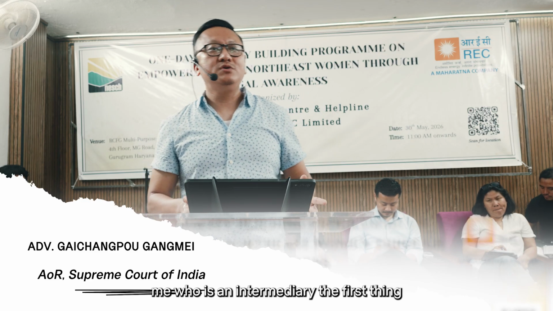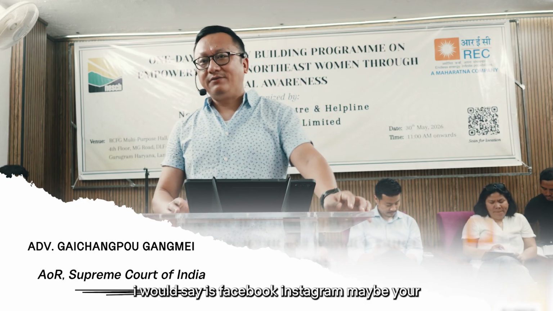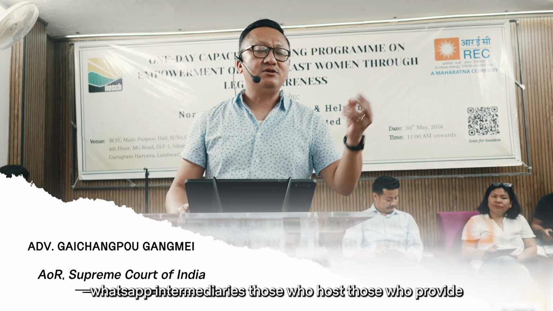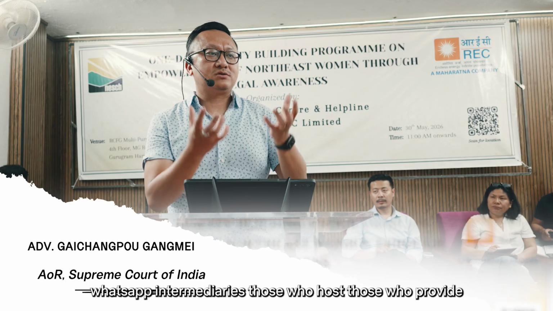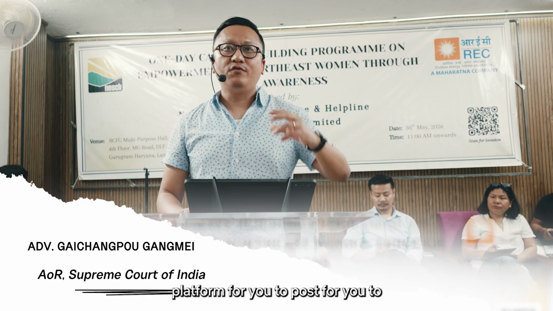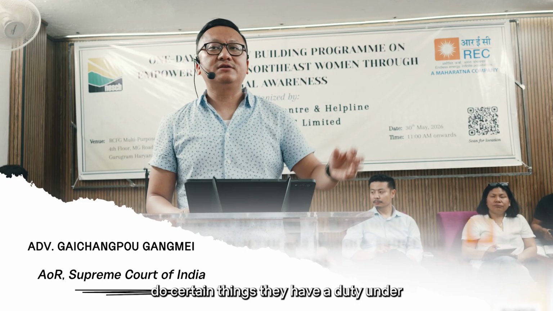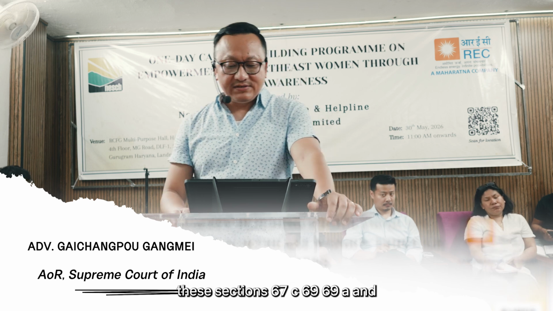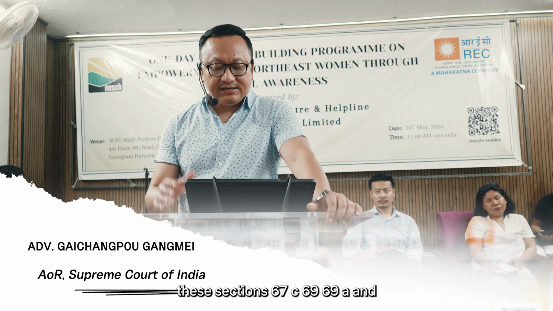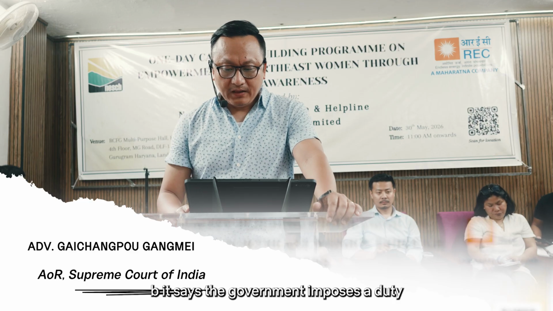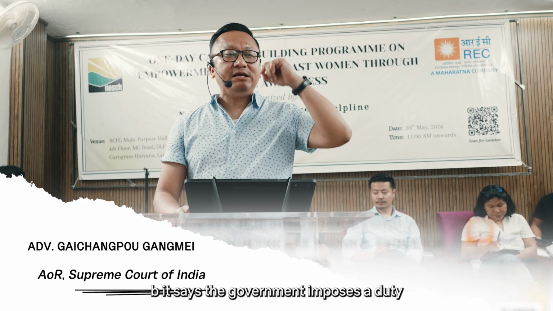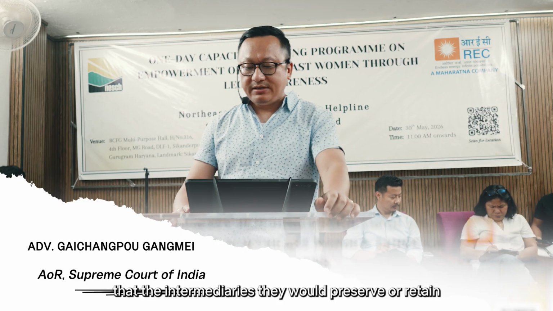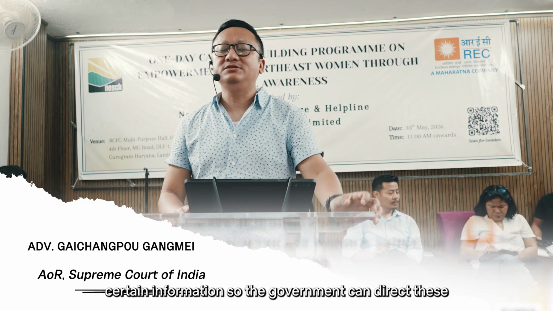If you ask me who are the intermediaries, the first thing I will say is Facebook, Instagram, maybe your WhatsApp, intermediaries, those who host, those who provide a platform for you to post, for you to do certain things. They have a duty under these Sections 67C, 69, 69A and B. It says the government imposes a duty that the intermediaries would preserve or retain certain information.